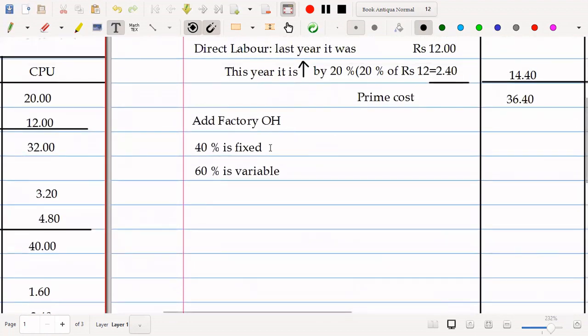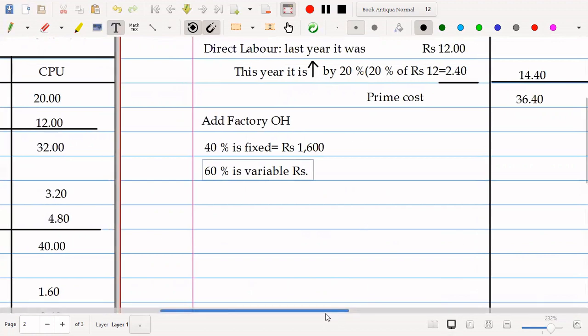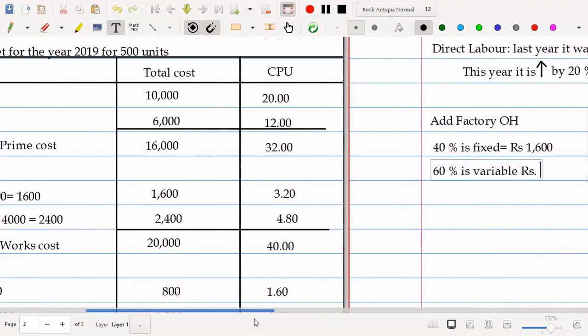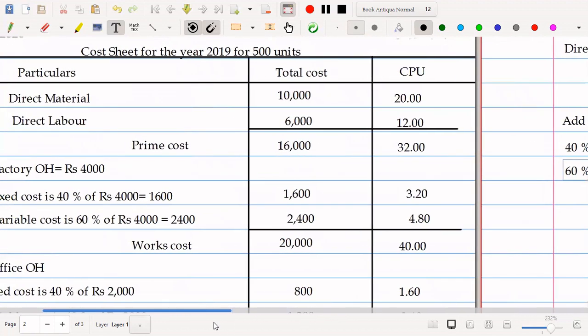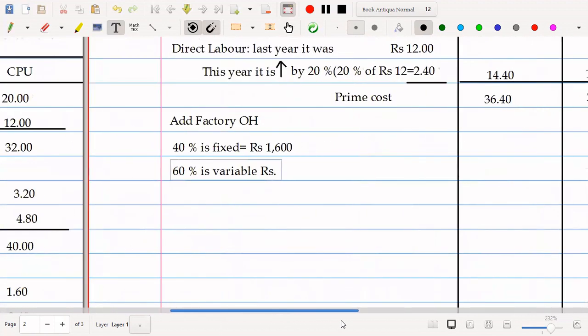1,600. That is equal to rupees 1,600, and for this rupees 4.8.